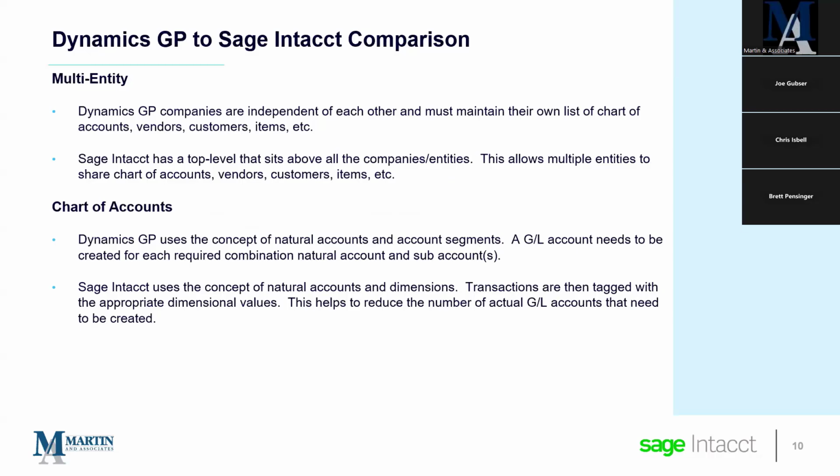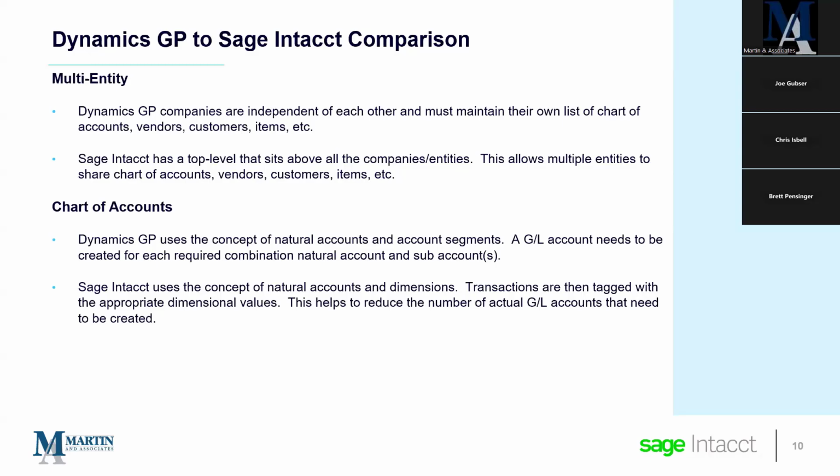Sage Intacct, as we'll see here in a little bit, has what is referred to as a top level that sits above all the companies and entities. This allows multiple entities to share a chart of accounts, vendors, customers, items. They can be restricted down by entity or company if need be, but it gives you one place to maintain this list so you're not having to maintain the same customers and vendors across 2, 5, 10 different companies you might have out there.